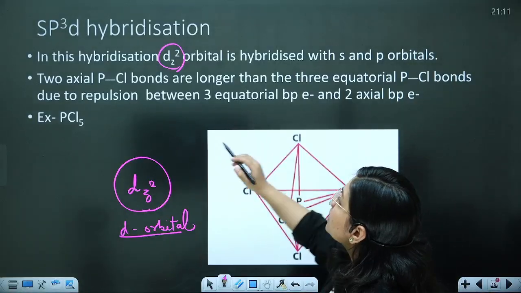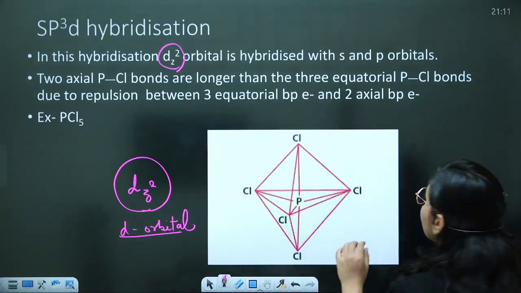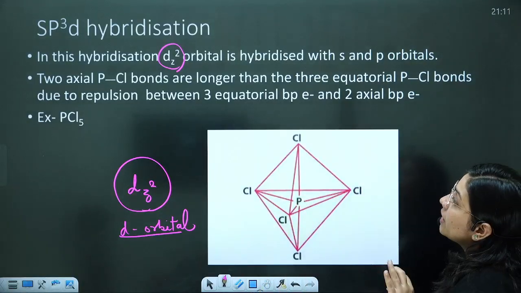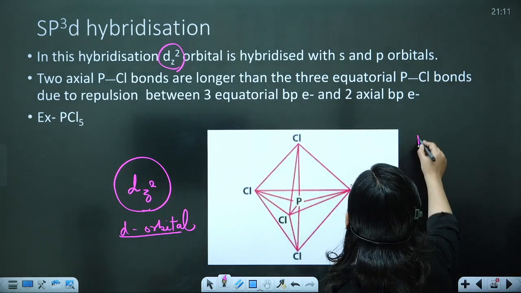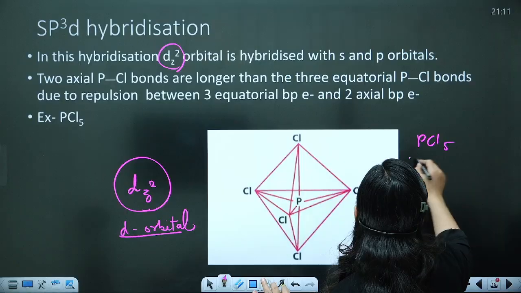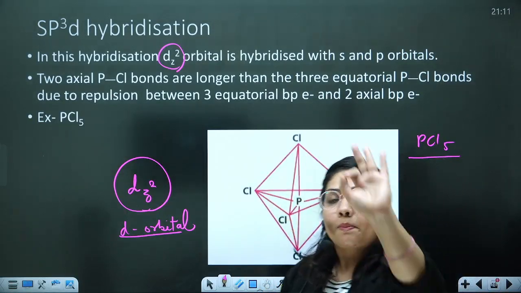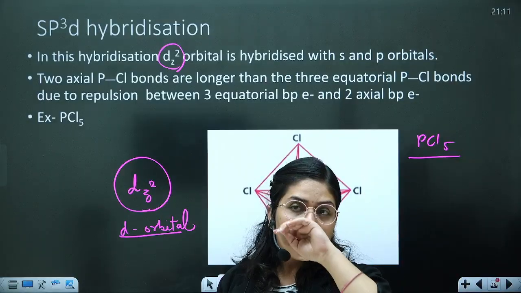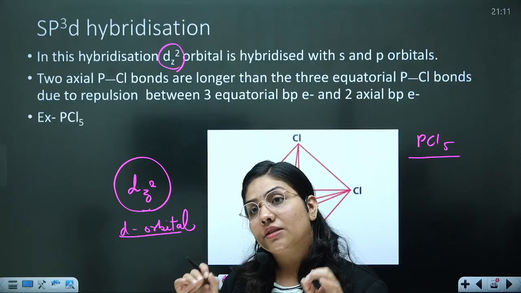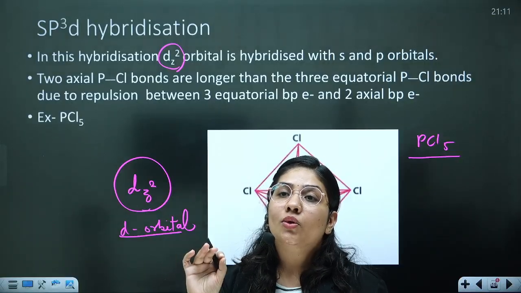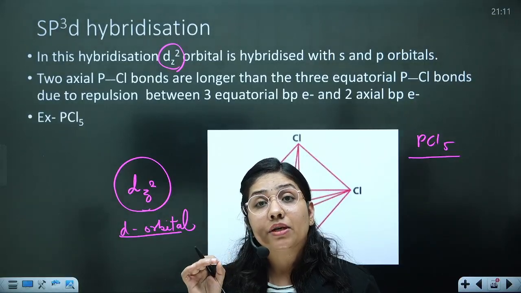Okay, see, in this structure there is one more important thing, that we are taking the example of PCl5. In this we have discussed one point, that all the bonds are arranged in such a way that the molecule attains the stable geometry.